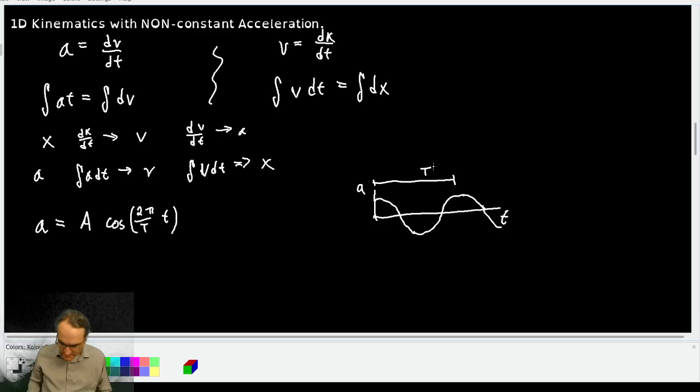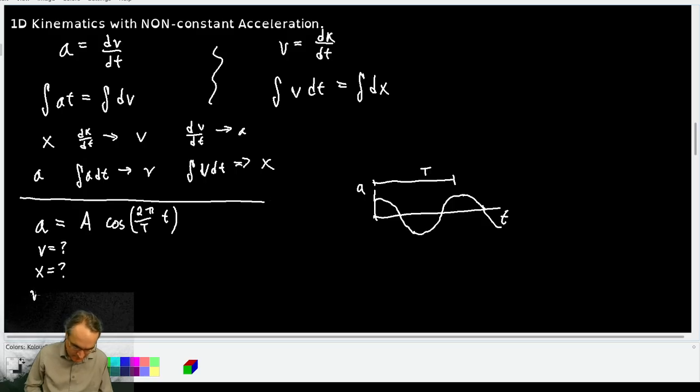I'm not going to give numbers for this, but we're going to figure out what is the velocity at any future time, and what is the position at any future time, given one extra piece of additional information, which you do need if you're having to integrate. In this specific example, we're going to say v and x are 0 at t equals 0.